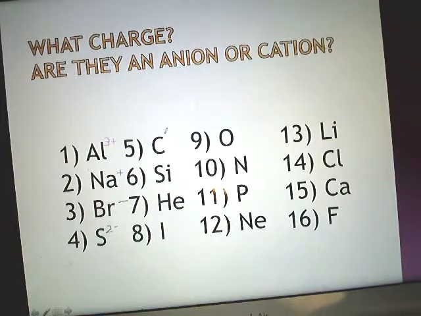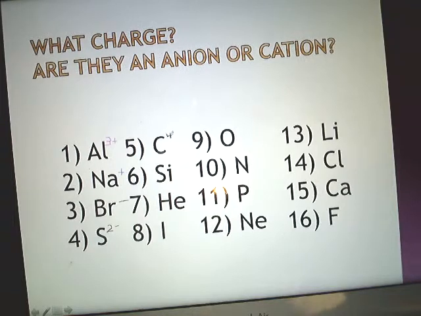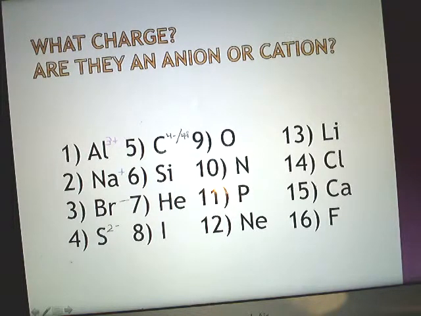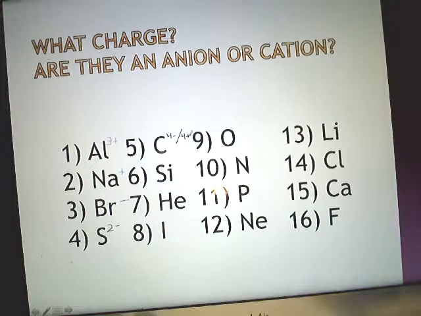It can gain 4, so becoming 4 minus, or it can lose 4 and become 4 plus. Okay, so that's just something to be aware of when you're looking at carbon. And it actually does go either way, which is interesting.